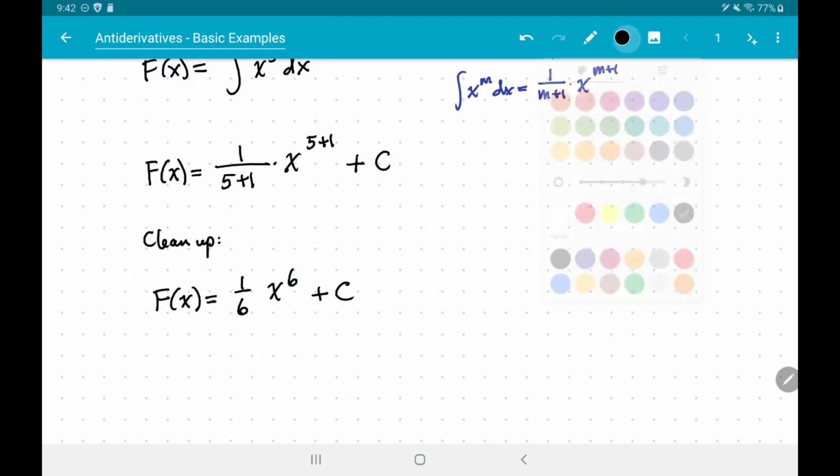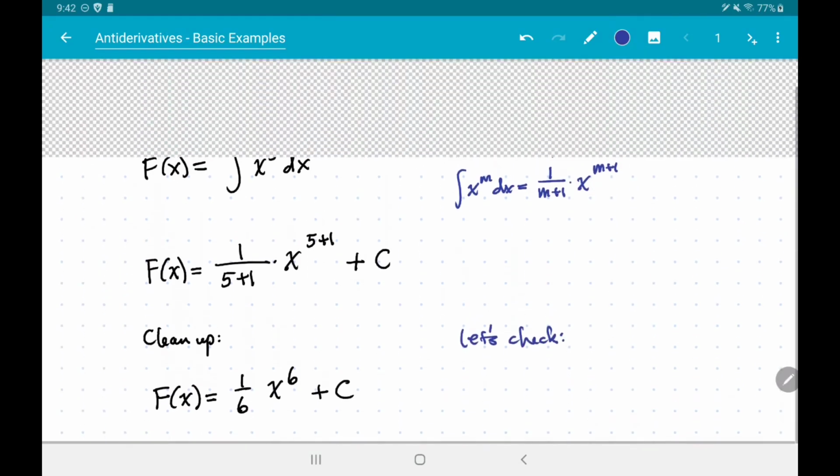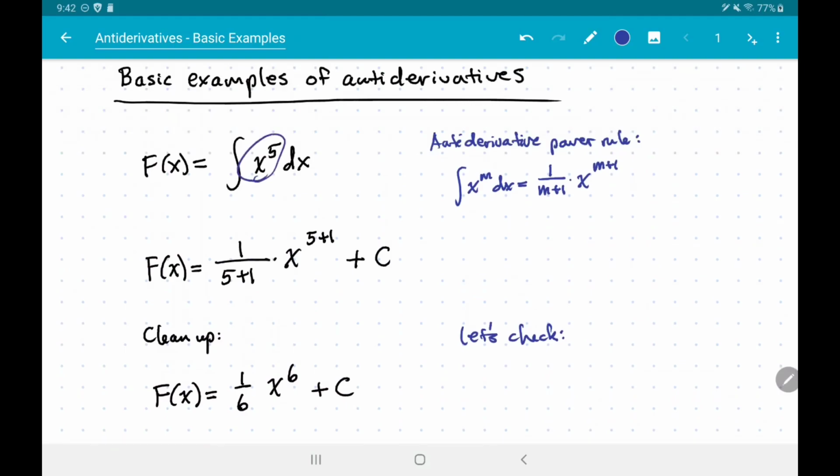Now it's easy to check that this is correct. Remember that the antiderivative of a function is a function whose derivative is the thing you started with. So we want to find out if big F prime is x to the fifth.